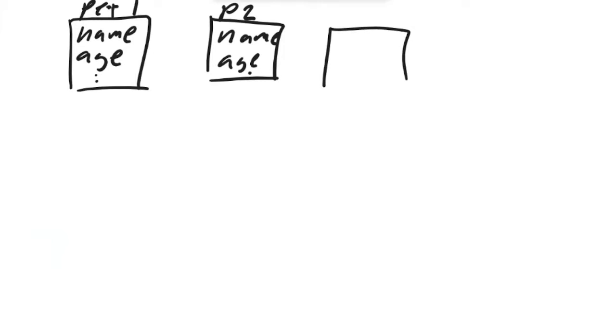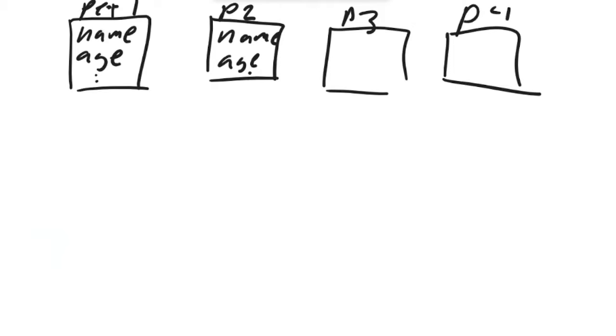And again, we could do the same for pet 3 and pet 4, and so on and so forth. So we have 4 pets right now, and all of these will have a lot of similar features. Name and name. I apologize for my poor handwriting, but all of these will have a name.